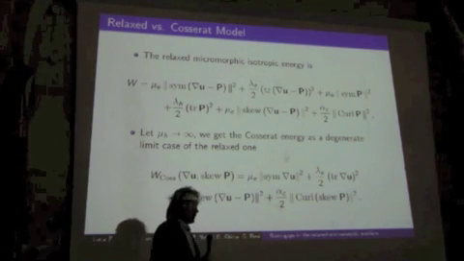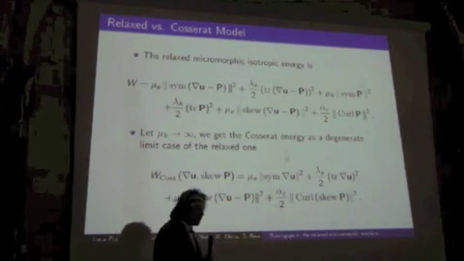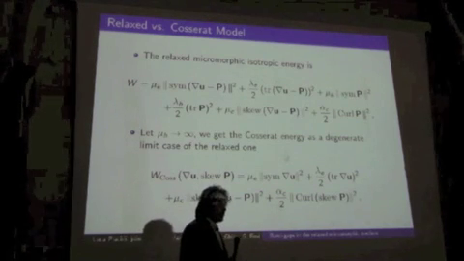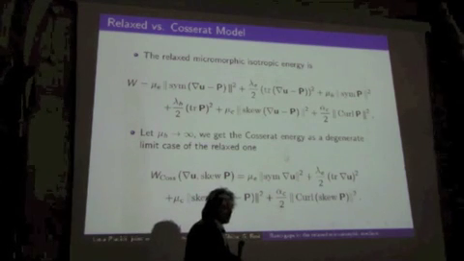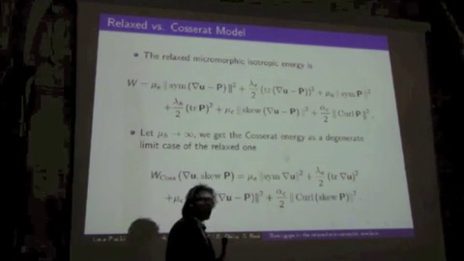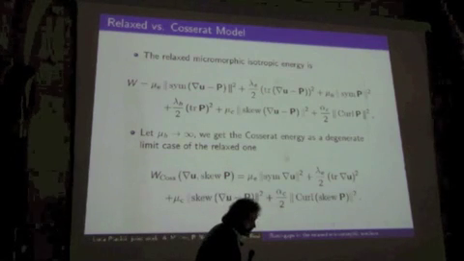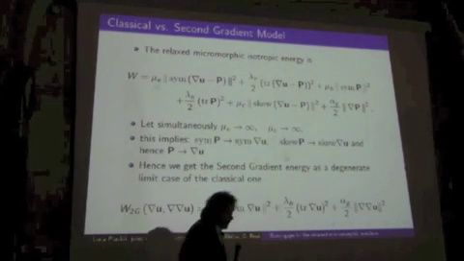You see that in the minimization process, if you put mu h to infinity, the symmetric part of P should be 0, and you have only rotation of the microstructure, because this is a linear case.